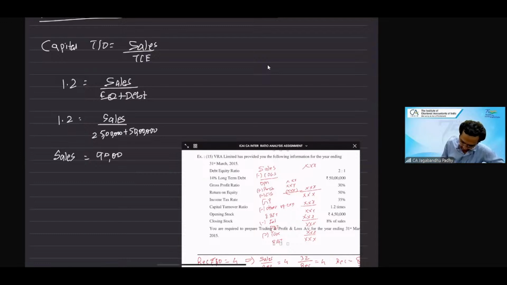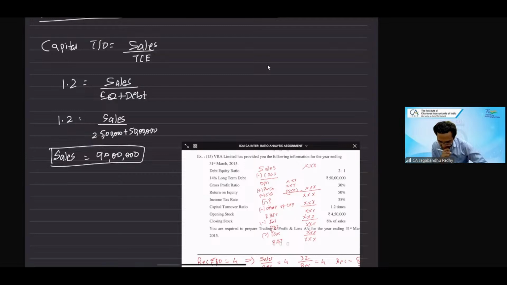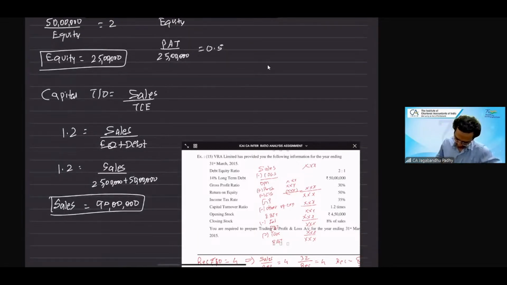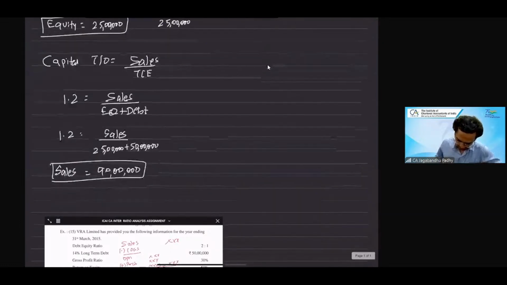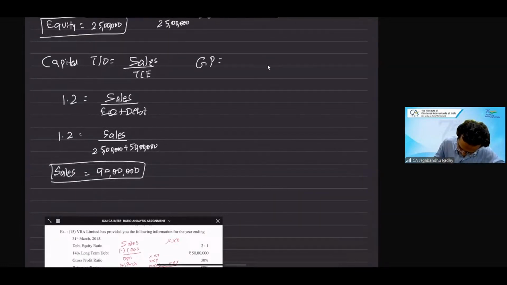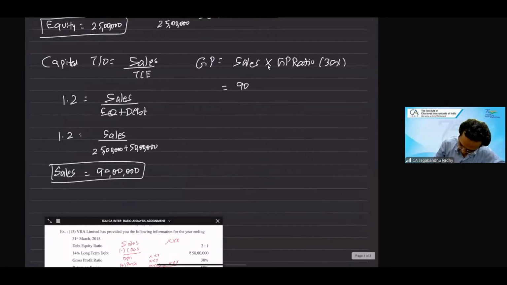Now, once we have got the sales, it's easy for us to talk about the gross profit because the GP ratio is already given to us. So gross profit will be sales multiplied by the gross profit ratio, which is 30%. Sales is 90 lakh into 30%, guys.